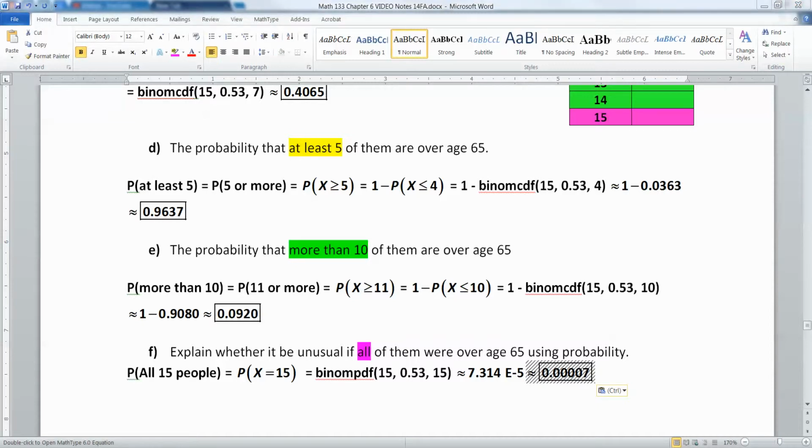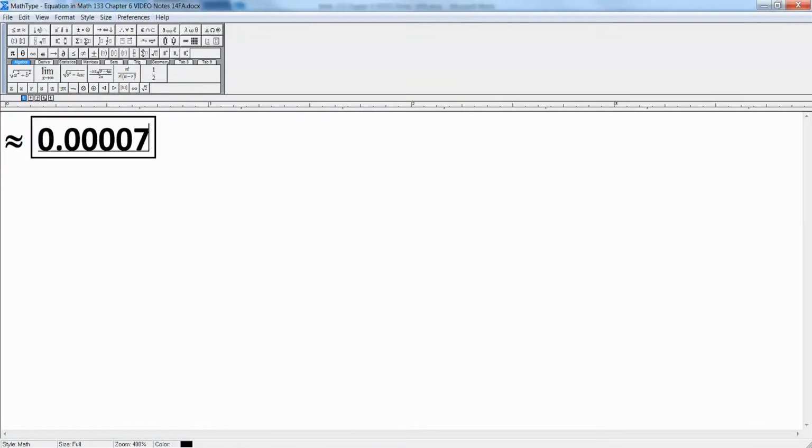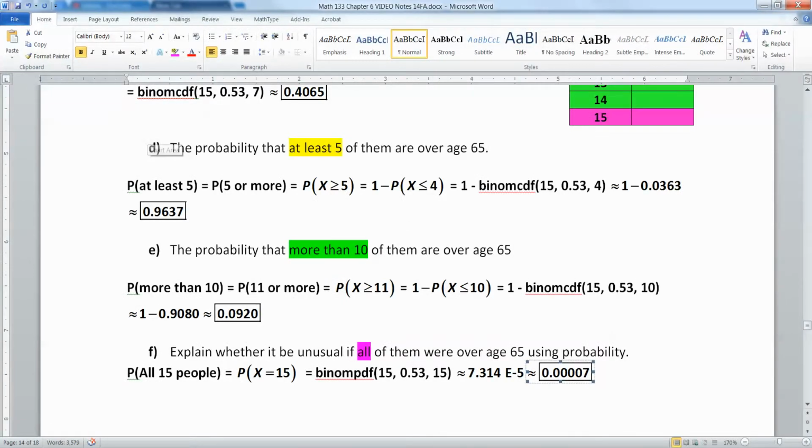So let me just remind you how to do this part from back in school sometime. Originally the 7 has the decimal point right here, and then you move it 1, 2, 3, 4, 5 spots over to the left. Put the decimal point right there, and there it goes. Okay. Would that be unusual?